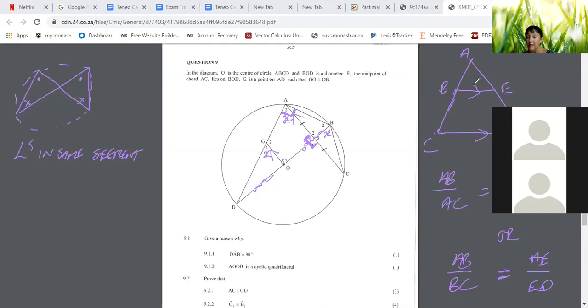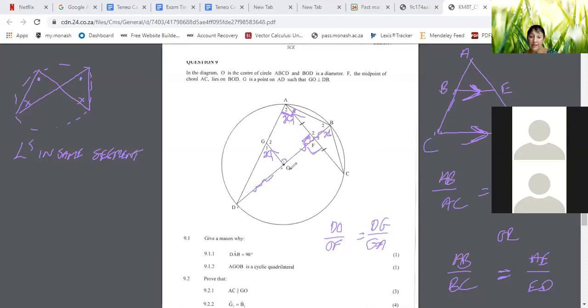It only works if this is parallel to the other side, which we've now proven, which means we have the same situation here. We have DO over OF, for example. DO over OF equals DG over GA.